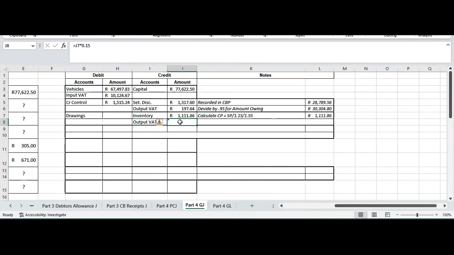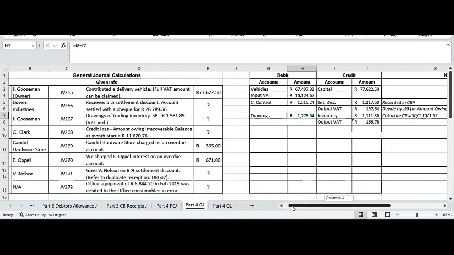It will be the inventory amount multiplied by 0.15 or 15%, because VAT is 15%, and then we get 166. If we add those two amounts together, we get the amount that must be under drawings, and it is 1,278.64.